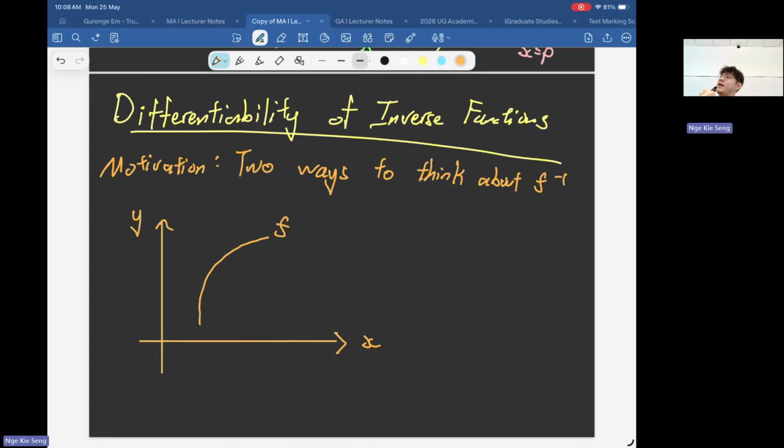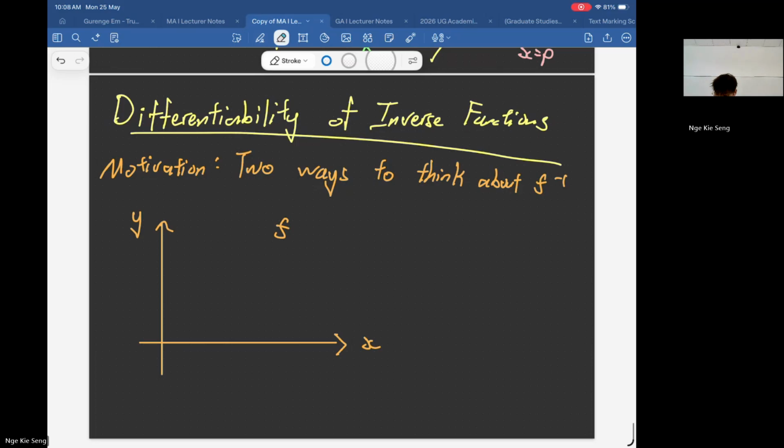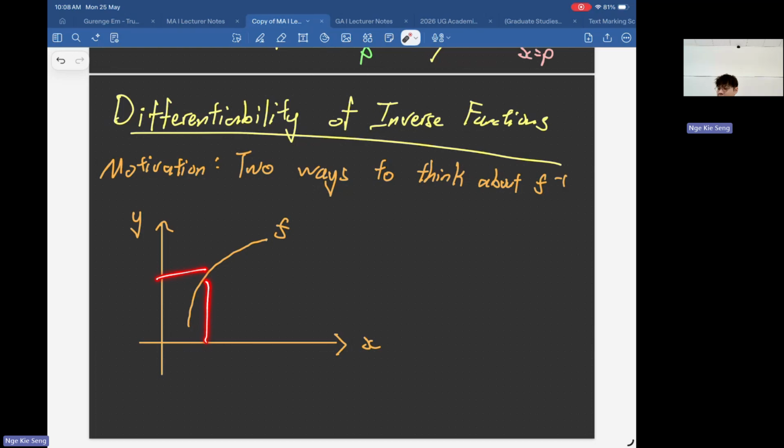Let's say you send x to y. How do you go back? I give you y, you need to give me x. So I have one x, I give you y. But if I take y as my domain, I will output x in my codomain. So you can think of it as swapping the domain and codomain.